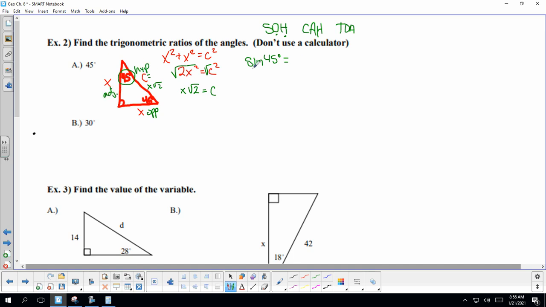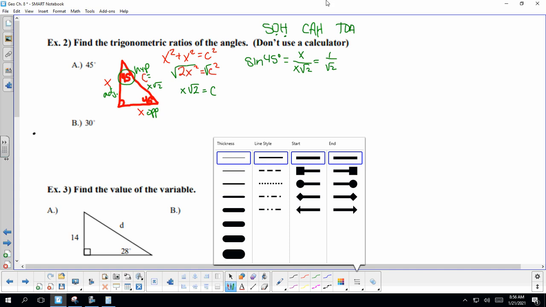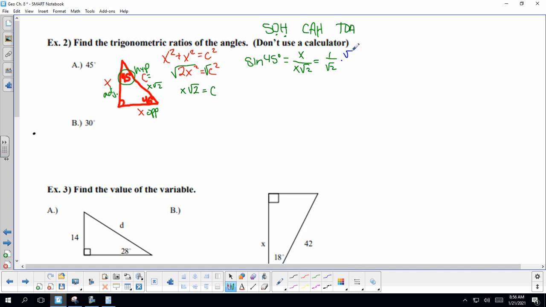Okay, so sine of 45 degrees is opposite over the hypotenuse. When we simplify this down, the x's cancel out. We get 1 over root 2. Unfortunately, we are not allowed to have square roots in the denominator, so we have to rationalize this denominator. 1 times root 2 is root 2, and root 2 times root 2 is 2.